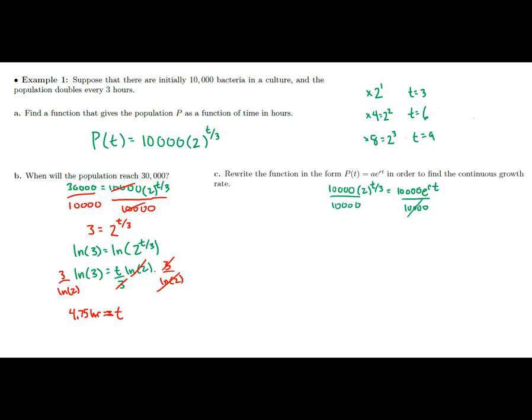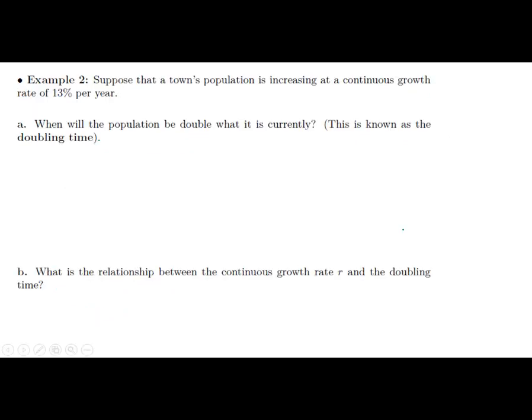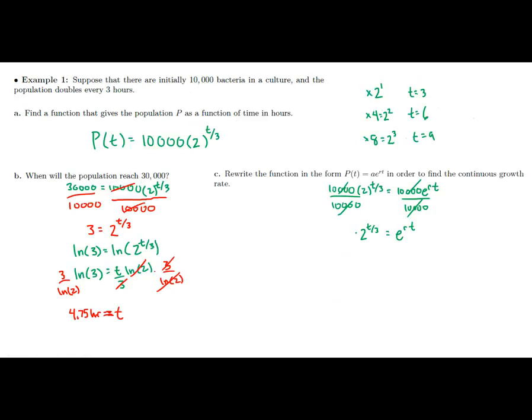Those are going to be irrelevant. So we have 2 to the t over 3 is equal to e to the rt. But of course, we can get this r out of the exponential if we take the natural log of both sides. So we'll do that.